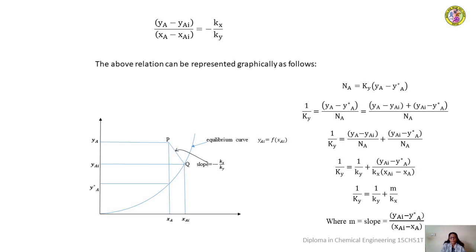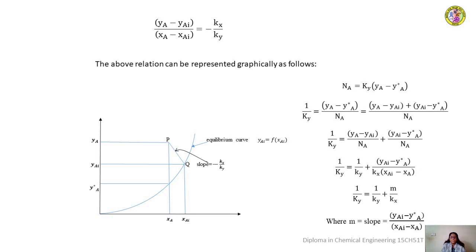of mass transfer. So, in terms of the overall coefficient, capital Ky, which is based on the gas phase, we can write the equation as NA equals capital Ky into YA minus YA star. Here, we cannot write YA minus XA, the overall concentration gradient between the two phases, because the coefficient Ky is based on the gas phase.